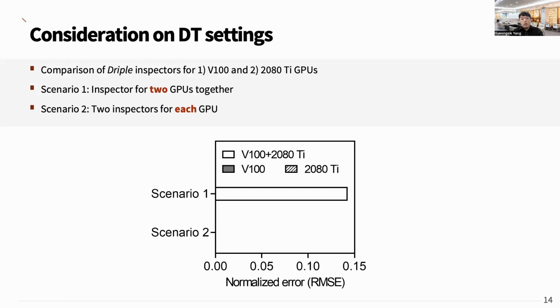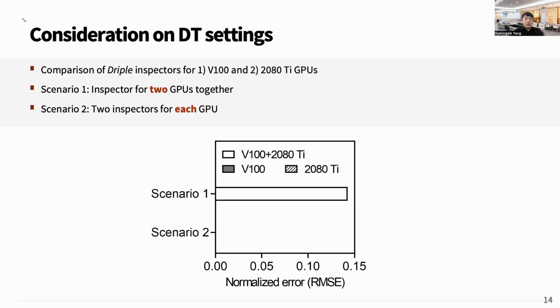So up to now, the Drupal inspector is trained to take various DT workloads. Next, we tackle how to predict various DT settings. We consider whether a single Drupal inspector can predict the resources required for multiple DT settings. So we compare 2 scenarios where the first scenario is that a single inspector predicts 2 kinds of GPUs, 3100 and 2080 Ti.